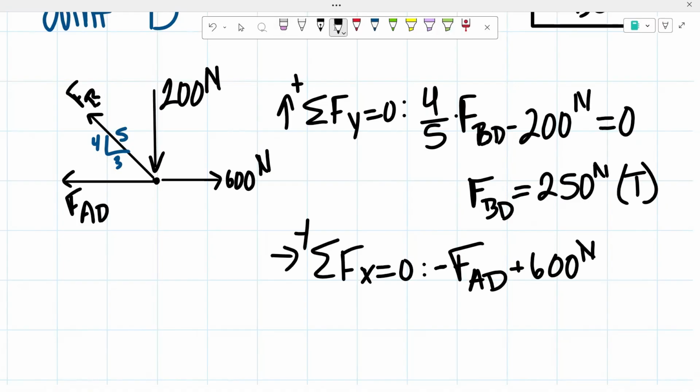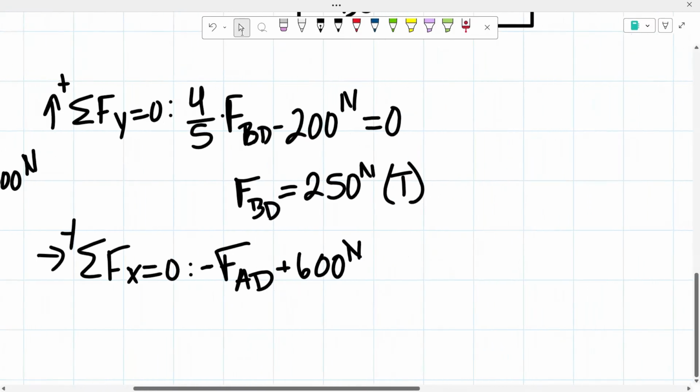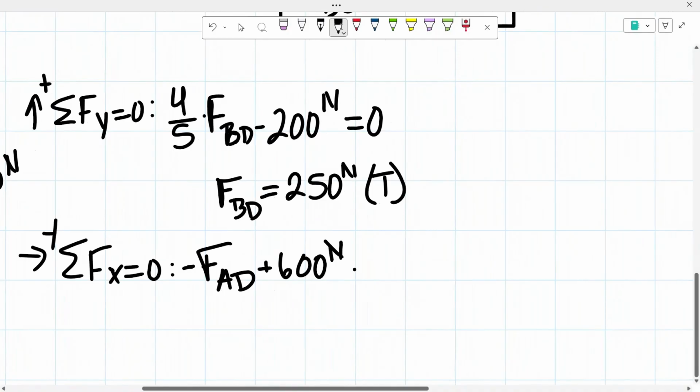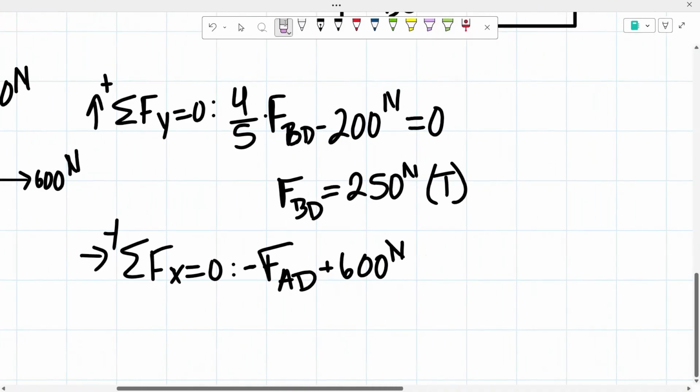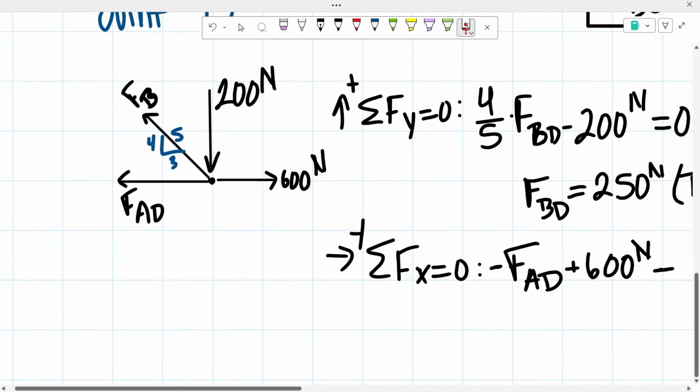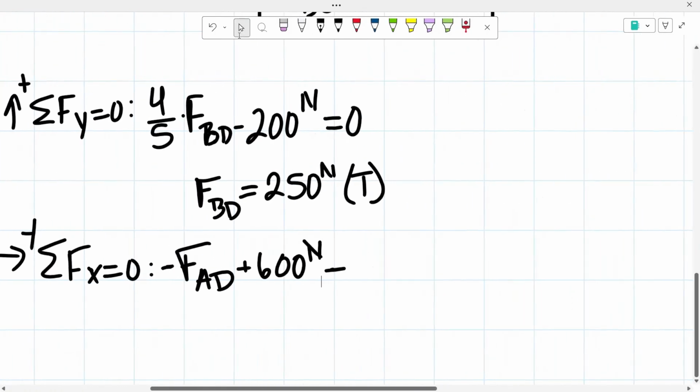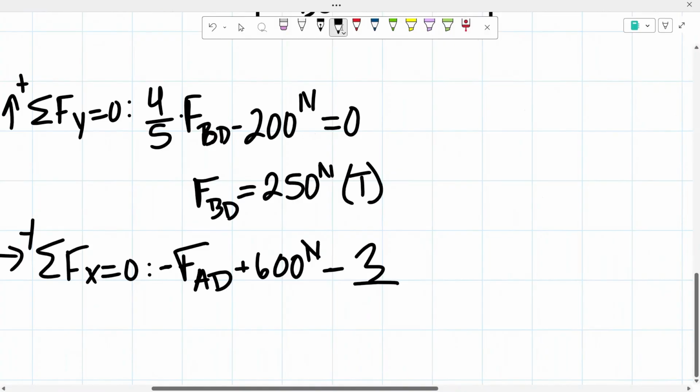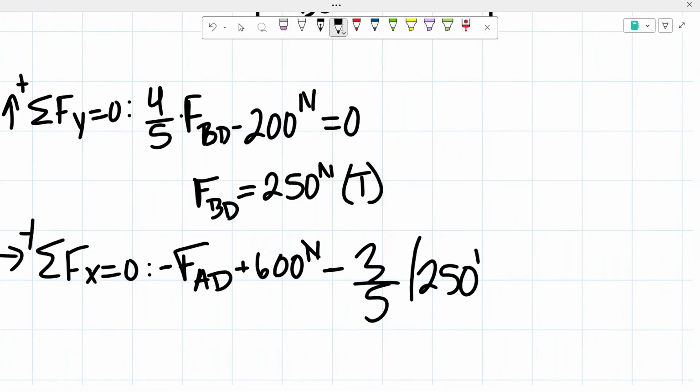So this time, we're going to be multiplying that force by 3/5, since now we're trying to find that horizontal component of it. So times, minus, we're putting minus because remember, it's slanted, it's going to the left, so that means it's going to be negative 3/5 times 250 newtons.